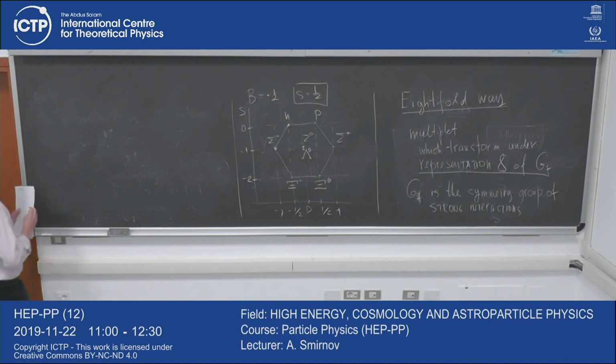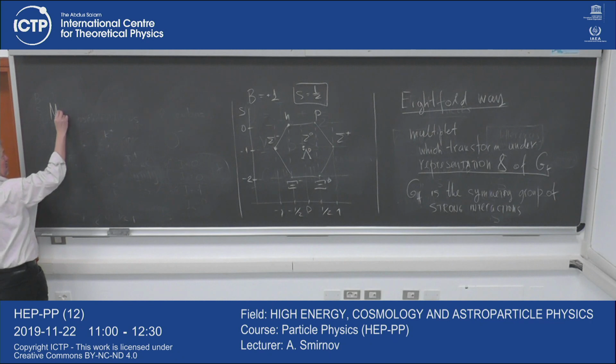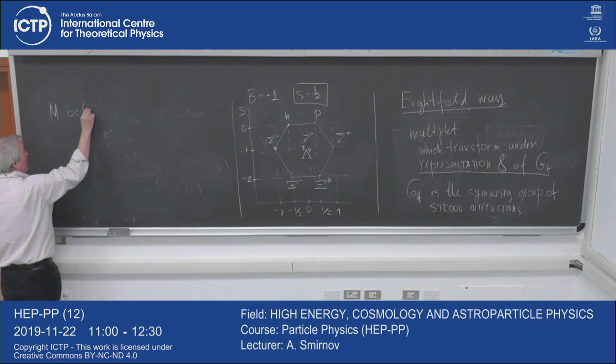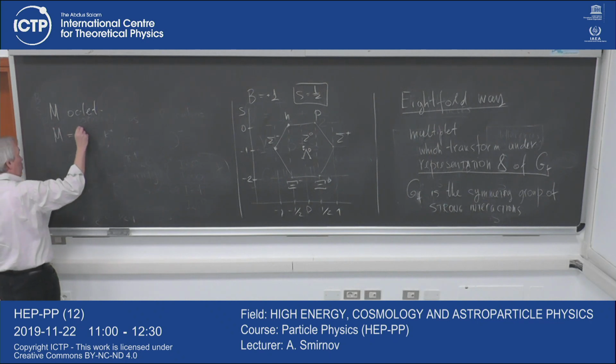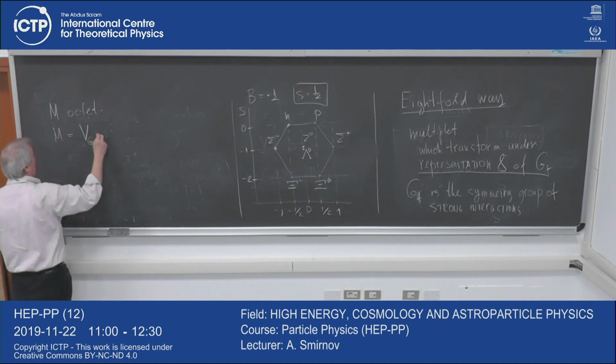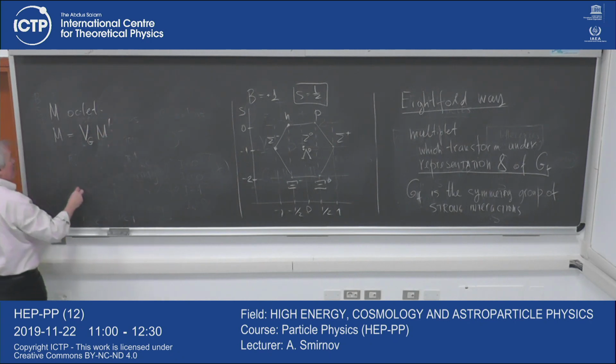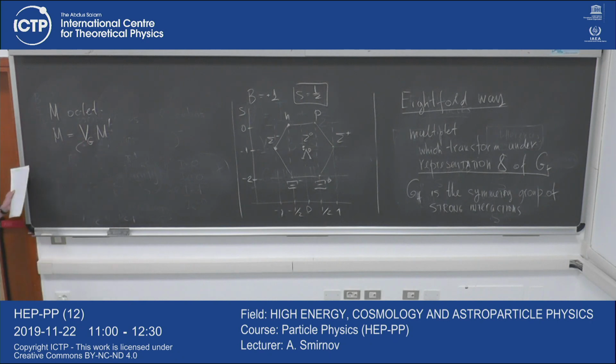What does it mean? Now we have these octets. Let me denote this octet as M. And it is transformed under a representation of this group G. So V_G is a representation of the symmetry group. And this is an 8 by 8 matrix, right?